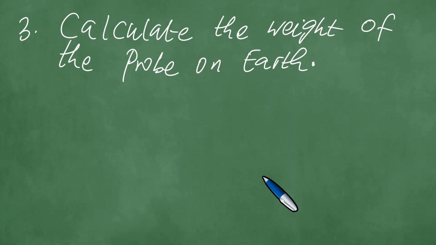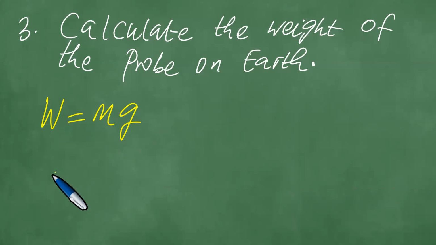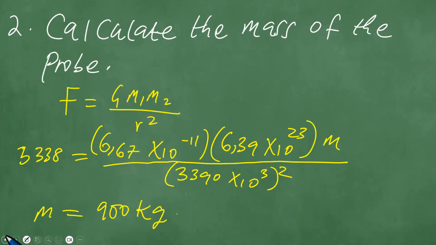Okay, now to find the weight of the probe on Earth, the weight is mass times gravitational acceleration. W is equal to mg. The mass, we already have seen that according to this question here, calculate the mass of the probe. So the mass of the probe is 900 kilograms.